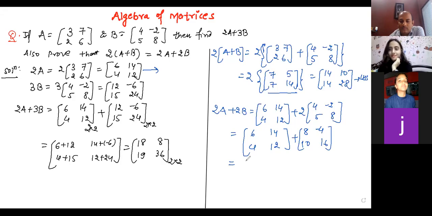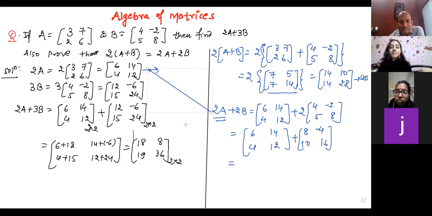Sir, can you please again start with this 2A plus 2B thing? How did you get that result for the 2A part? Okay, the 2A part I've taken from the previous question, the first part. And 3B is this one, and 2B I've calculated over here.